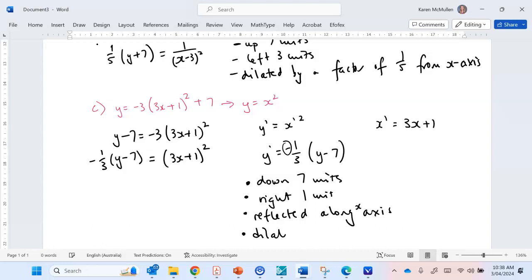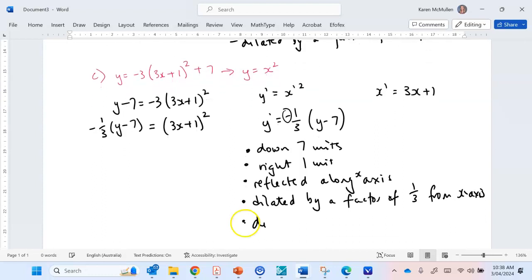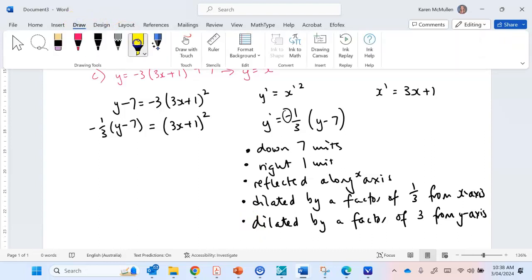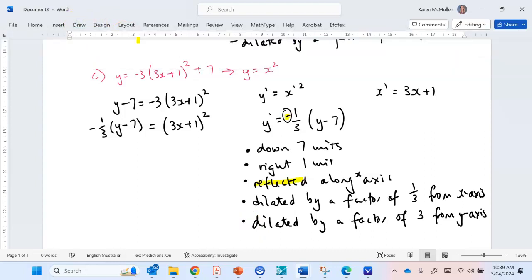So dilated by a factor of 1/3 from the x-axis, and dilated by a factor of 3 from the y-axis. All right, so just highlighting them. The reflection comes from this negative, this 1/3 is here, and this 3 comes from here.